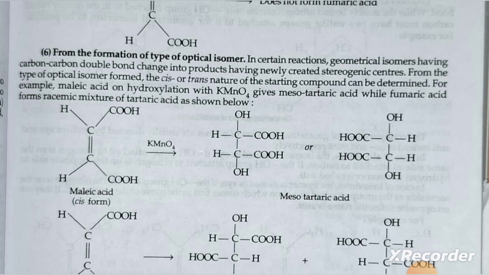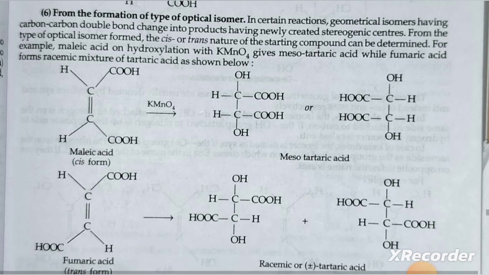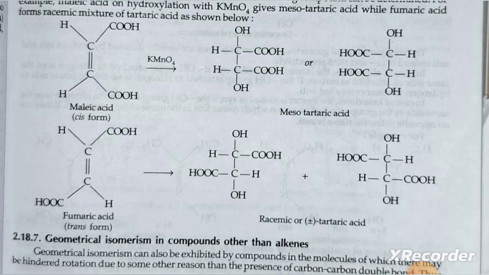For example, maleic acid on hydroxylation with KMnO4 gives meso-tartaric acid, while fumaric acid forms a racemic mixture of tartaric acid, as shown below. Maleic acid, the cis form, in the presence of KMnO4 gives rise to meso-tartaric acid, and fumaric acid, the trans form, gives rise to racemic or (±) tartaric acid.